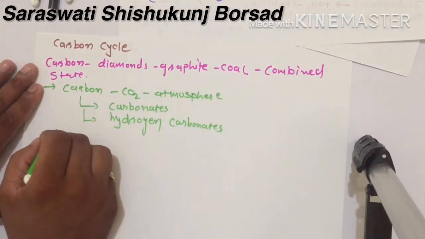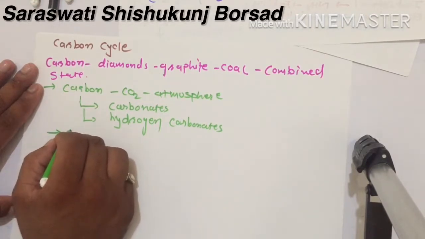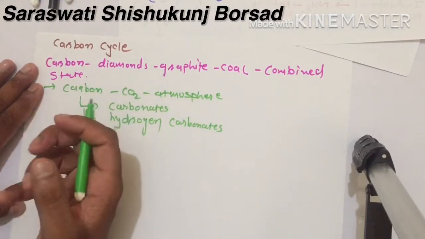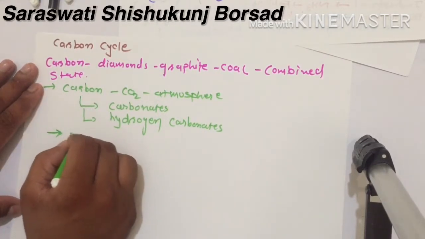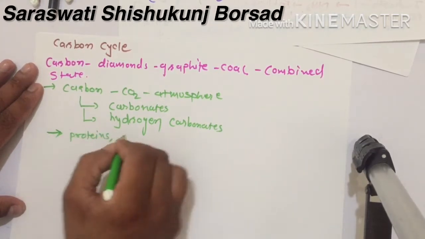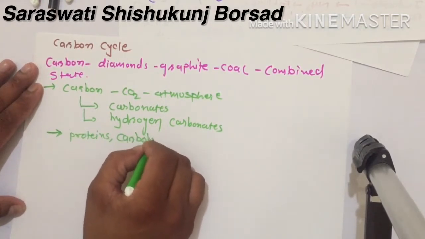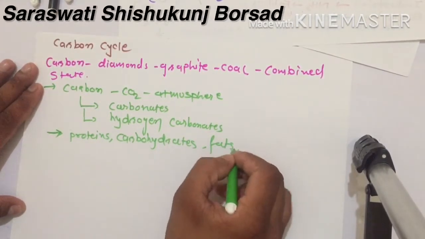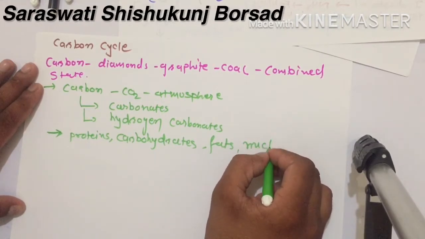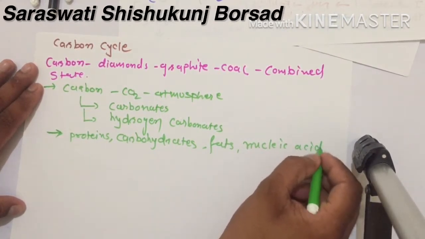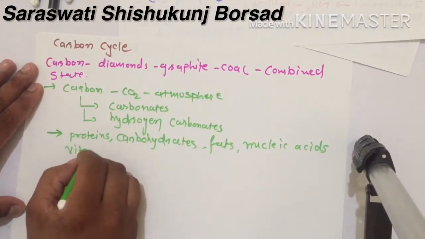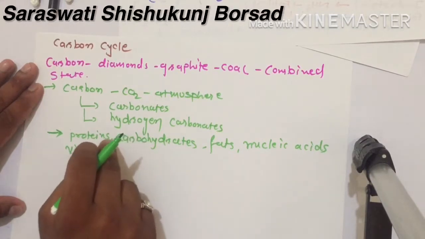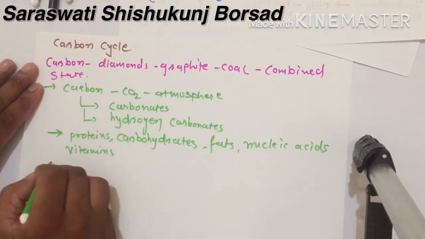Plus the components which are called life based components, on which the living organisms are dependent, such as proteins, carbohydrates, fats, nucleic acids, and different types of vitamins. In these also carbon is present.